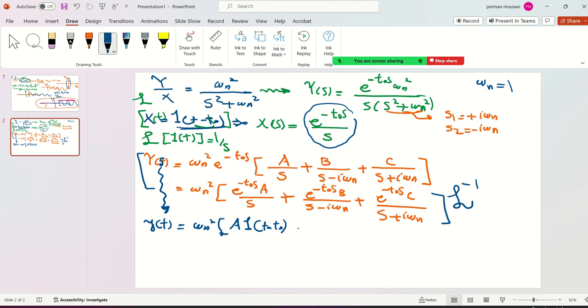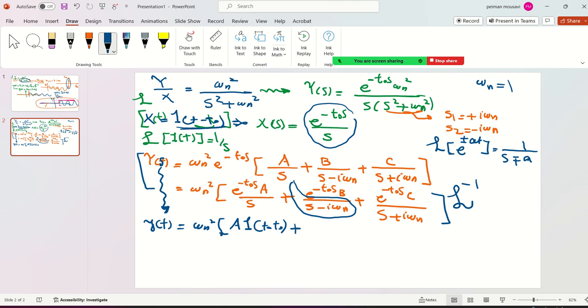Yes. And remember, the Laplace of e to the minus or plus a t is 1 over s plus or minus a. Exactly the same. So what is delayed? Delayed, right?